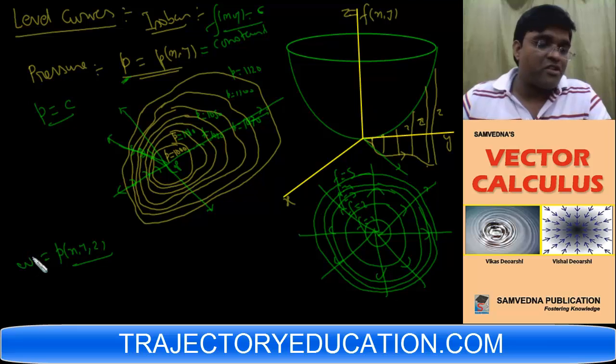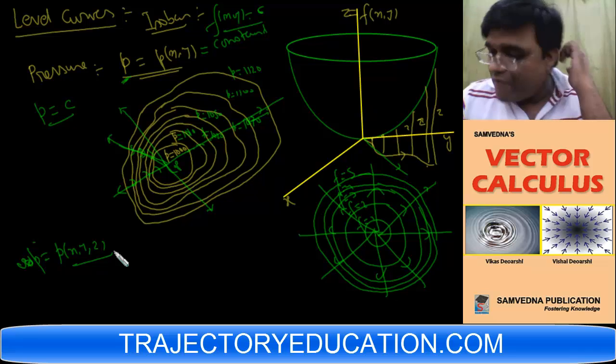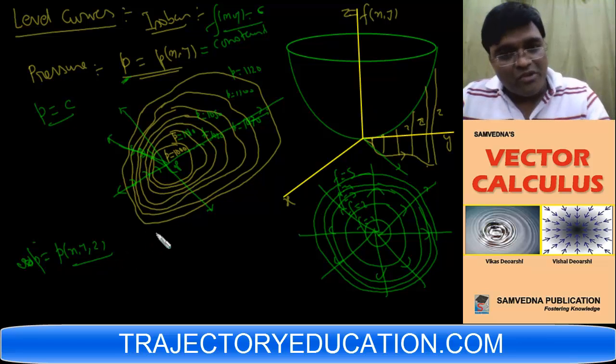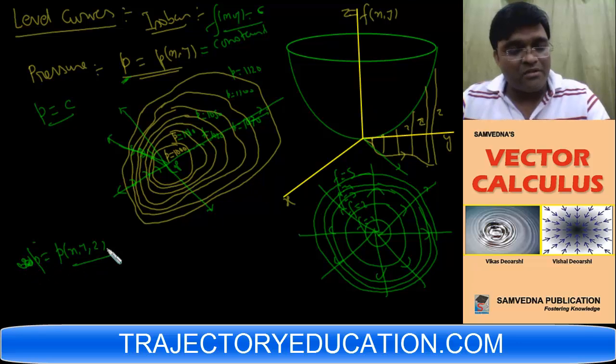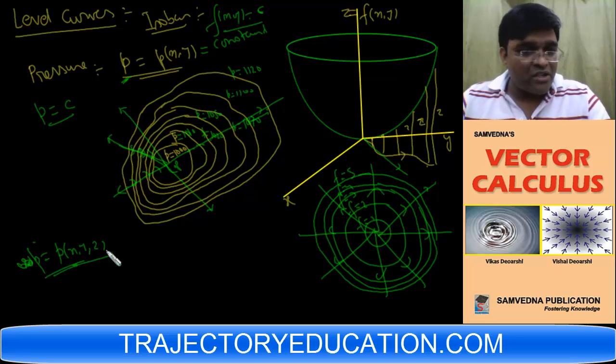In this case, geometrically, I cannot plot this function as f equals p of x, y, z, because I would need a four-dimensional coordinate system, but geometrically you only have up to three dimensions. It would be a surface in four-dimensional space.